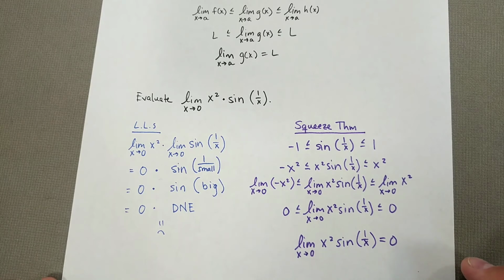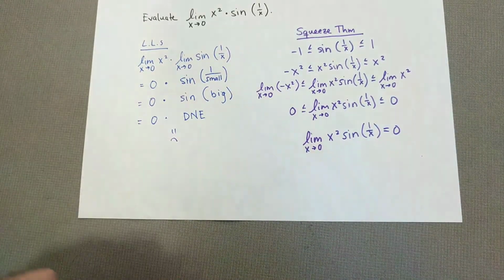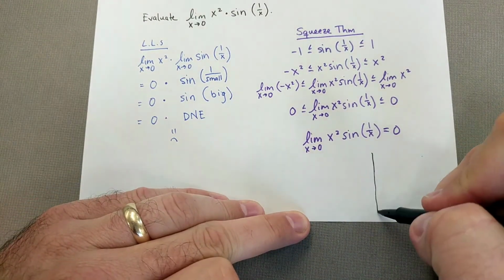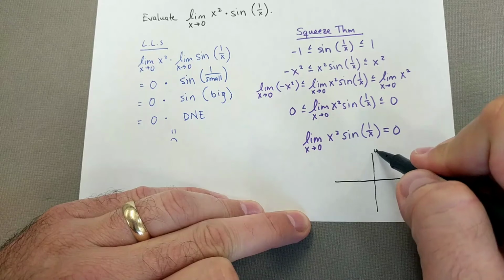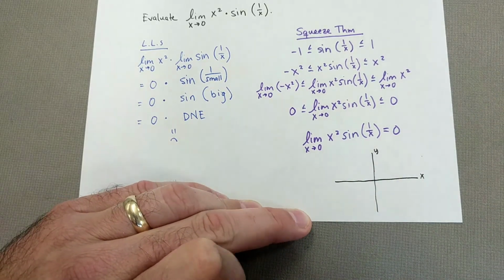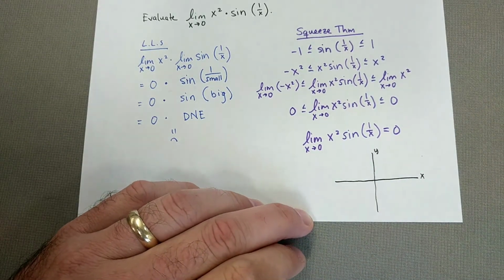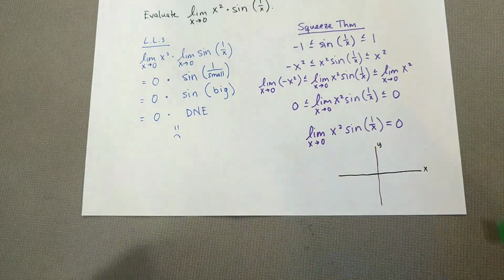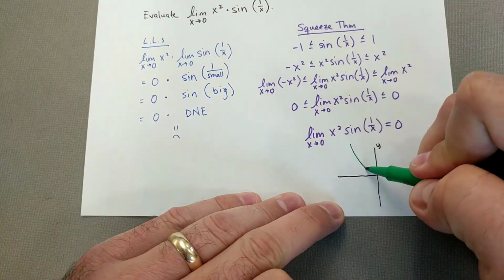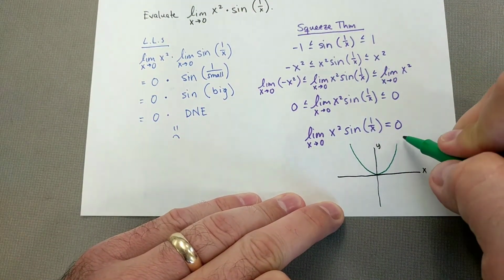And you can graph that in Desmos along with it. I'll do a quick sketch down here just to sort of finish off the video. If you graph it in Desmos, what you have here is y equals x squared up top.